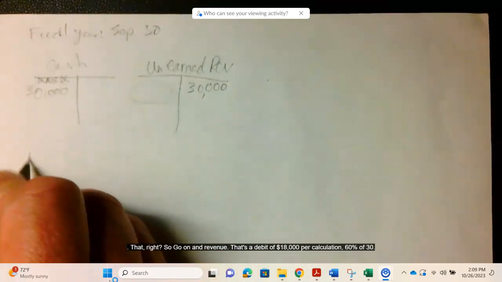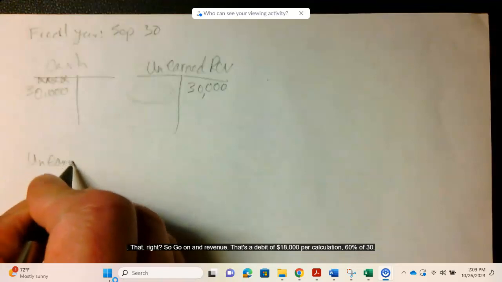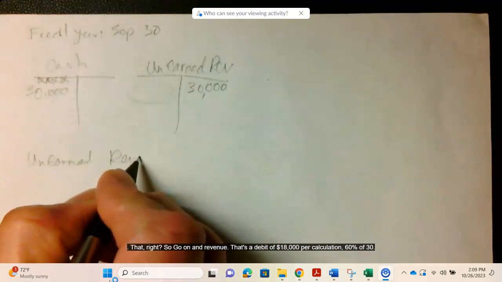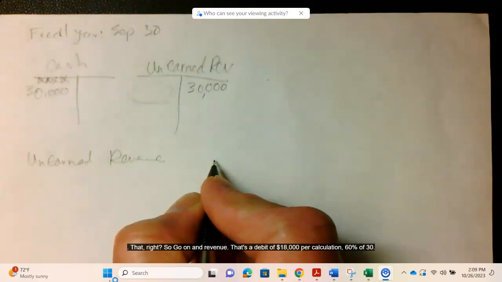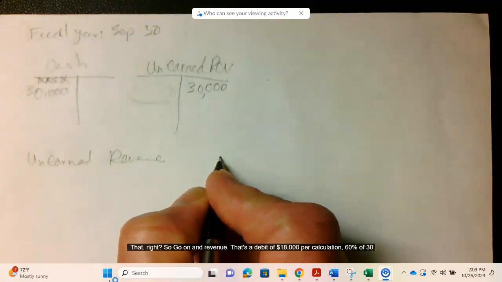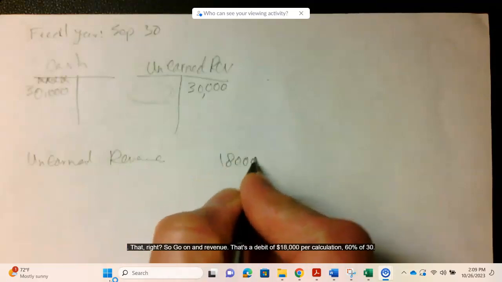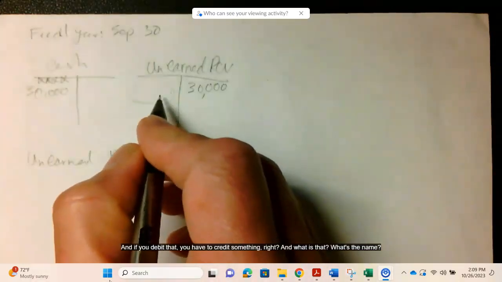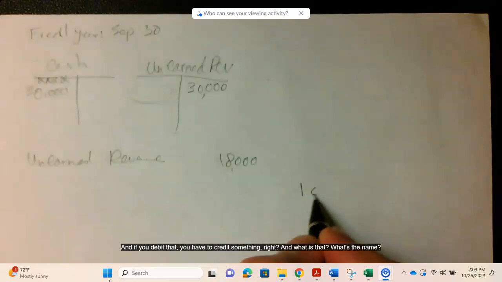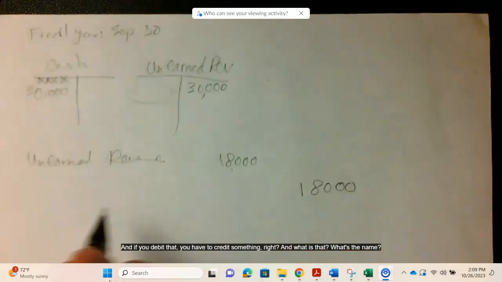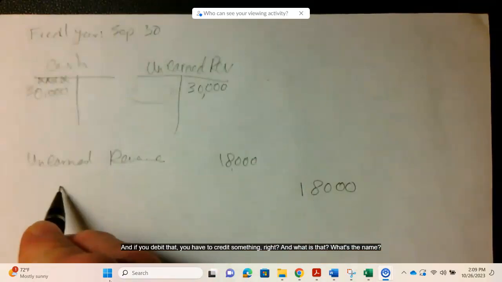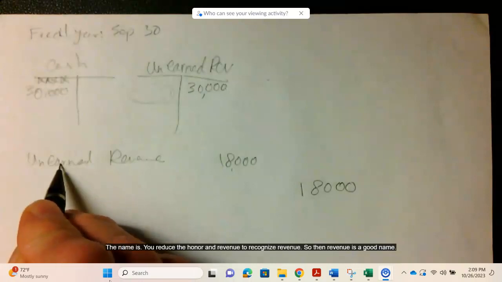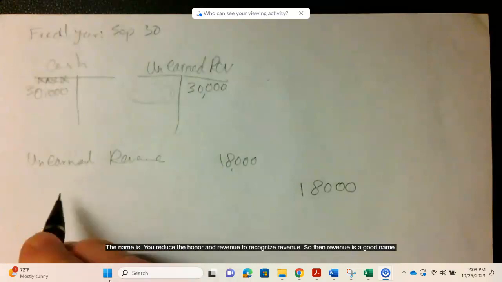Debit that, right? So unearned revenue, that's a debit of $18,000 per calculation, 60% of 30. And if you debit that, you have to credit something, right? And what's the name? You reduce the unearned revenue to recognize revenue.